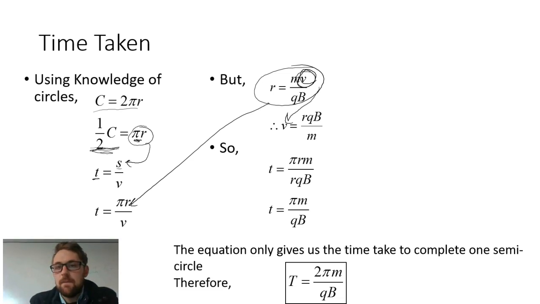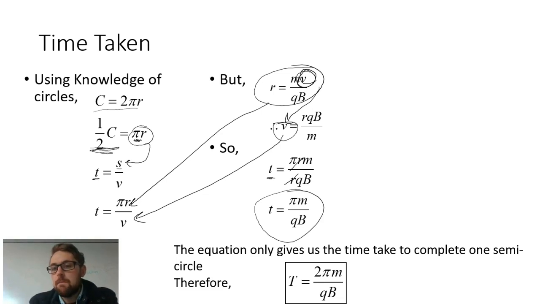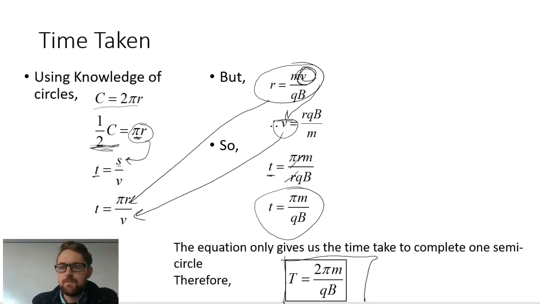Okay? Now, I can put this v down here. And what I get is my time equals pi r m over r qb. The r's are going to cancel. And I get the time it takes to go around one of these Ds is pi m divided by qb. Now, because this is only half a D, if I want to work out the full circle, this time is equal to 2 pi m over qb.